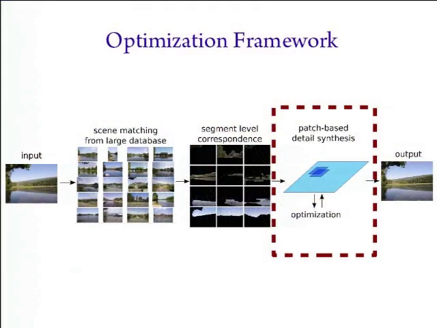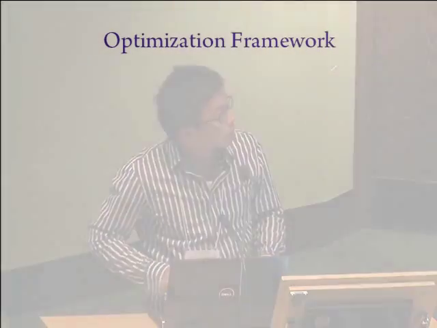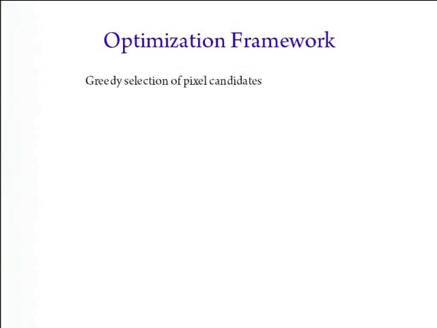And then the heart of the algorithm is how we actually make use of these data. The first step we take is a tiling process to synthesize possible texture over this image. And we take a greedy selection of pixel candidates. This is very similar to the single pass algorithm introduced in the Freeman 2000 paper, and it is also standard practice in a lot of texture synthesis algorithms.